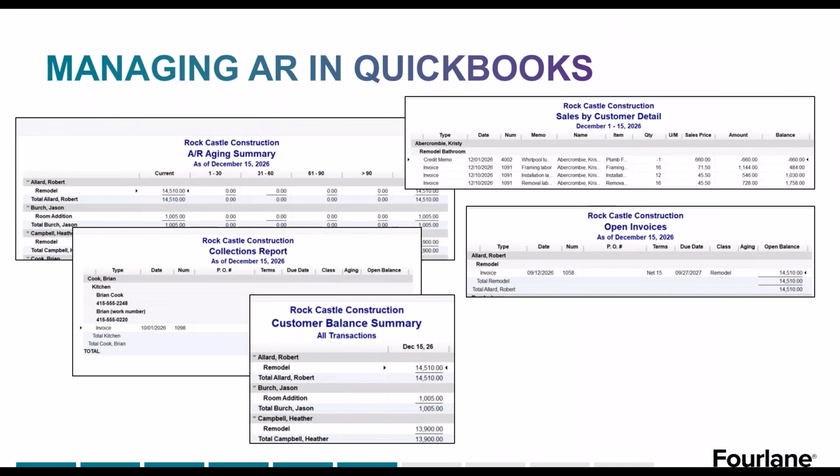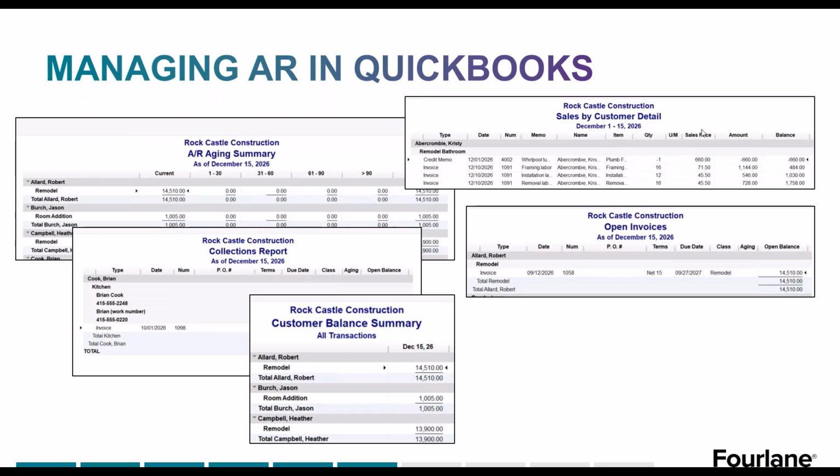There's other specific reports that I've included here as reference that you may want to pull to stay on top of your accounts receivable. I think probably the most common one that everyone uses is your accounts receivable aging summary, which will show you how old those outstanding invoices are.